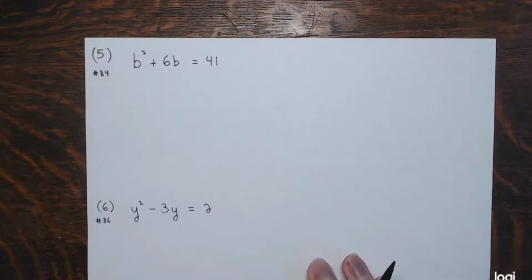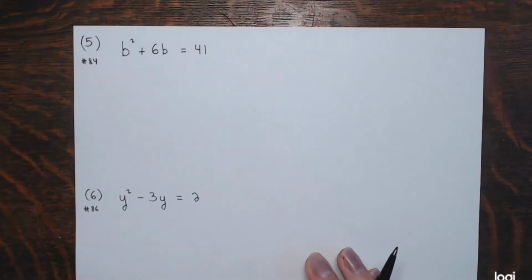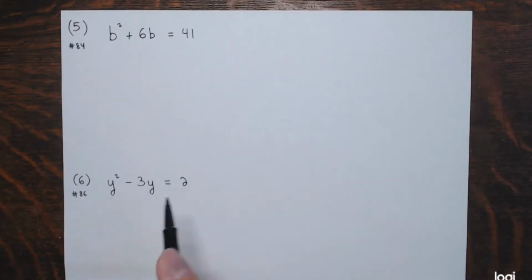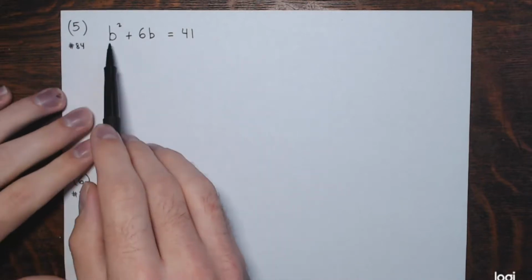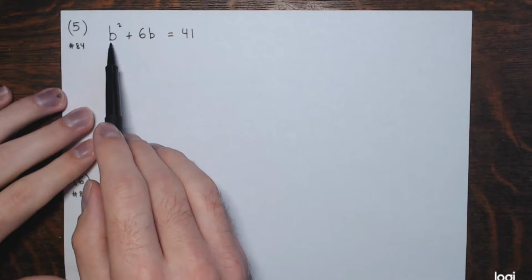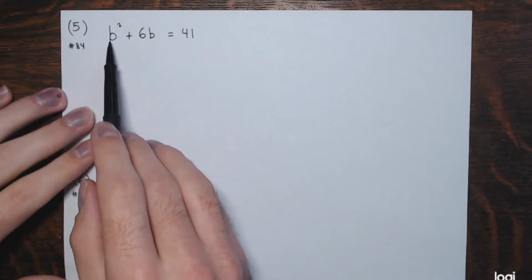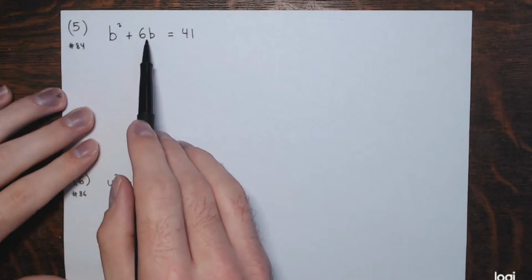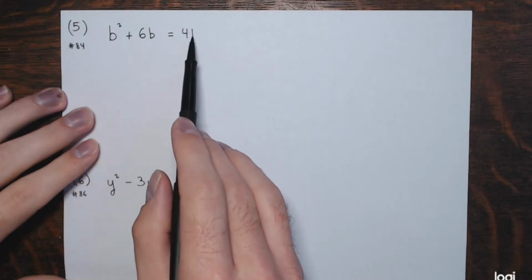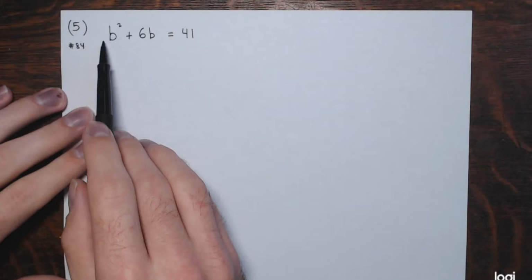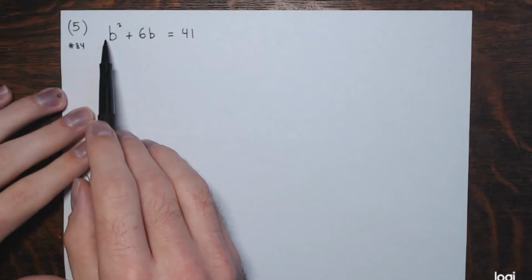Example 5, number 84 from the text. Once again, in example 5 it's set up the way I want to complete the square. Got the quadratic term and the linear term on their own side and a number on the other. The quadratic term has a coefficient of 1.